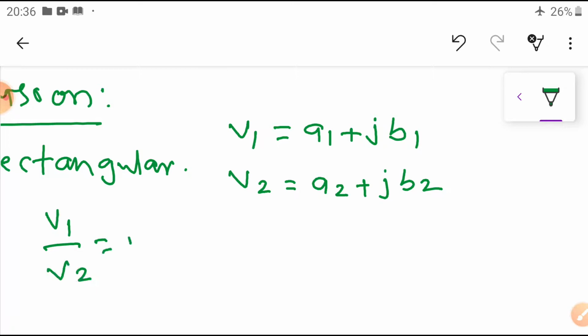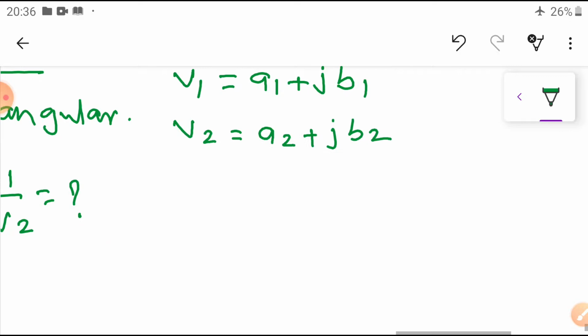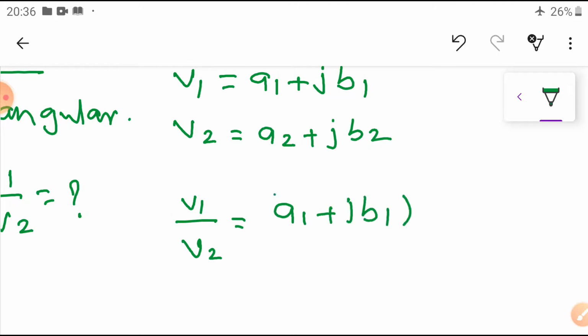I want to know. So, simply write it here. V1 by V2 is equal to A1 plus J of B1 divided by A2 plus J of B2.